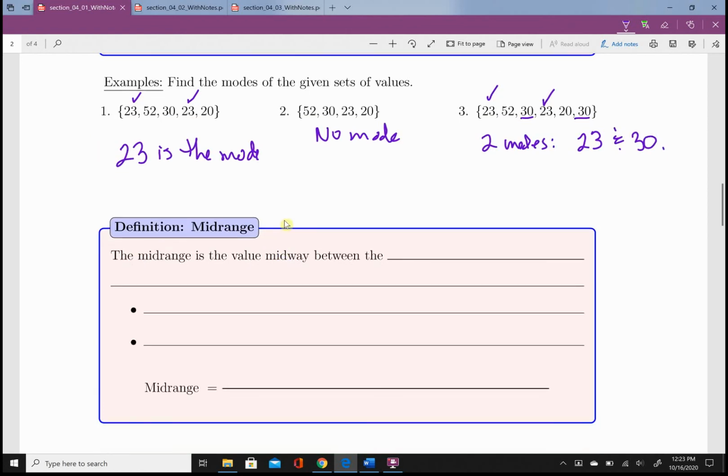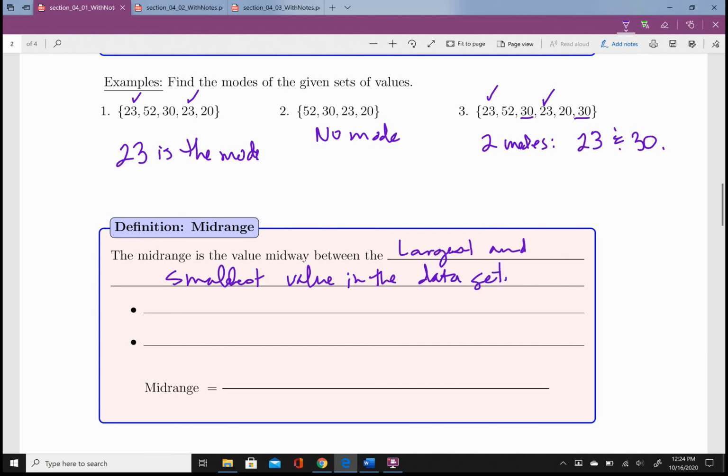Mid-range. All right, so the mid-range is the value midway between the largest and smallest values in the data set. Okay.